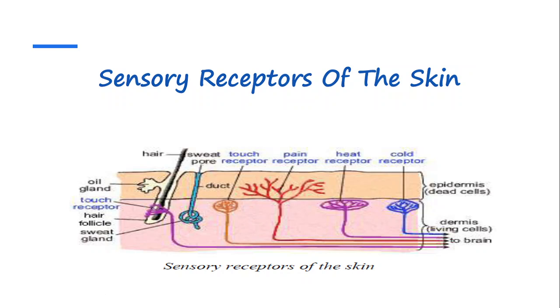The hair that can be found, outstretched to the epidermis, contains these touch receptors, which are there to detect the feeling of touch. So that's briefly about the sensory receptors of the skin.